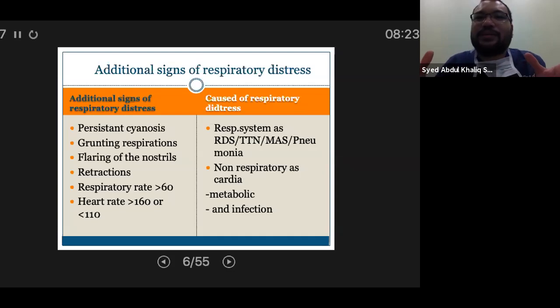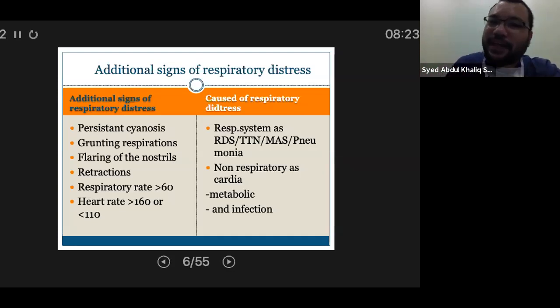So it's going to try and open up the airway. You can see this in TTN, you can see this in congenital pneumonias, you can see this in so many other problems as well in newborns especially.